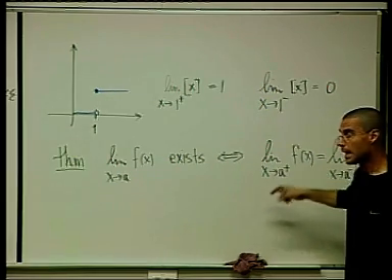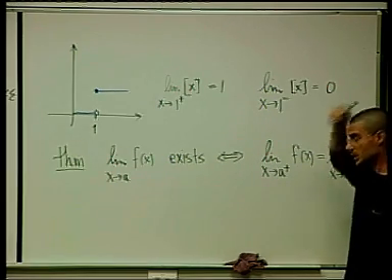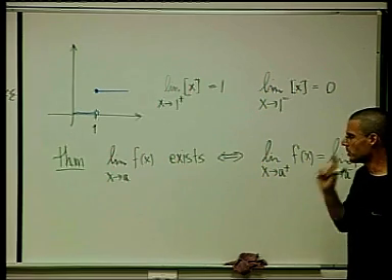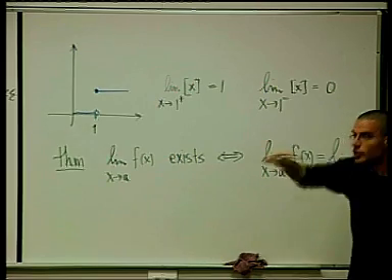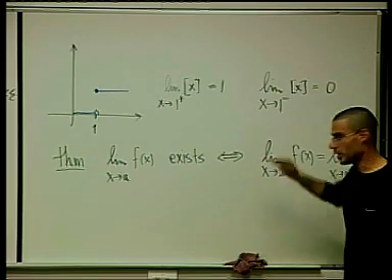Can we prove this theorem? I don't want to prove it because it takes some time. The question was, though, can we prove it? The answer is yes. I can prove it and you can prove it. But we're not going to do it in class.